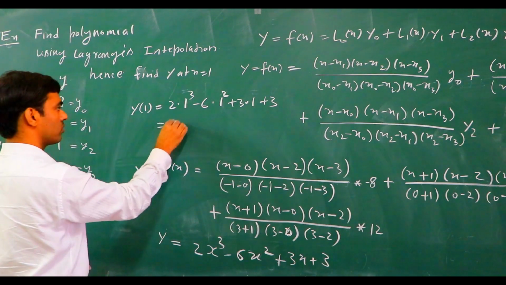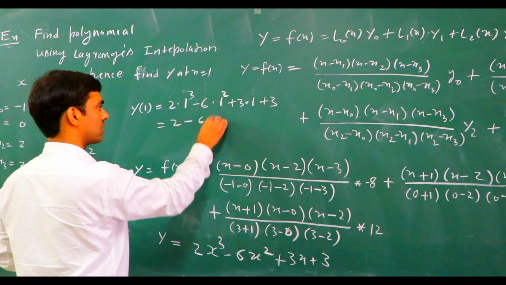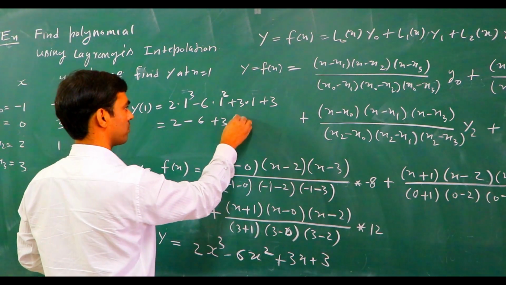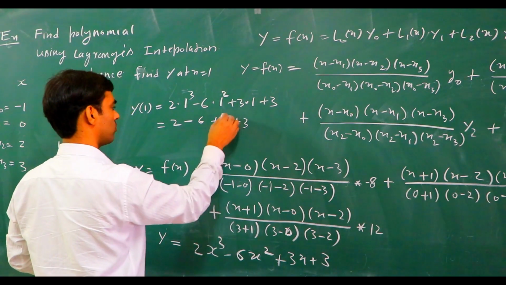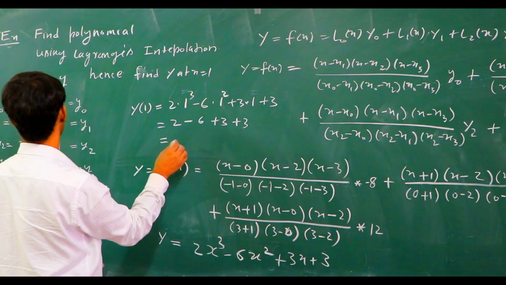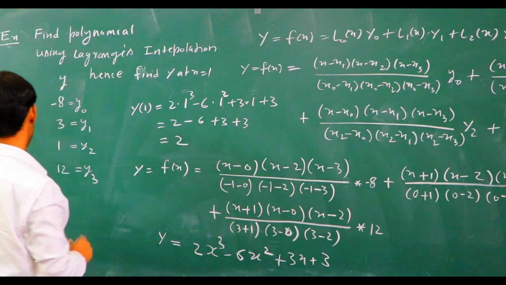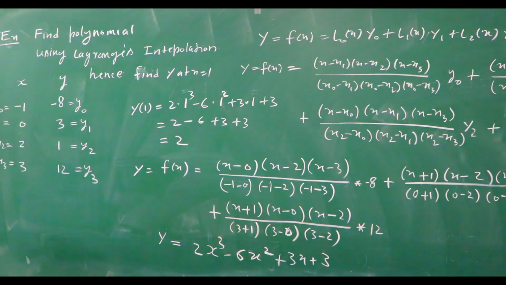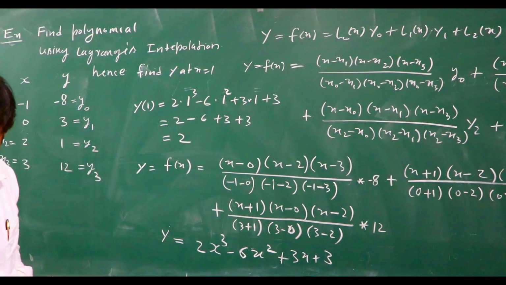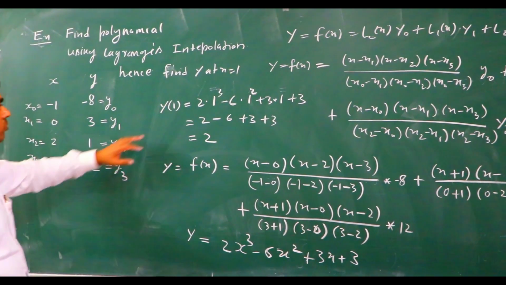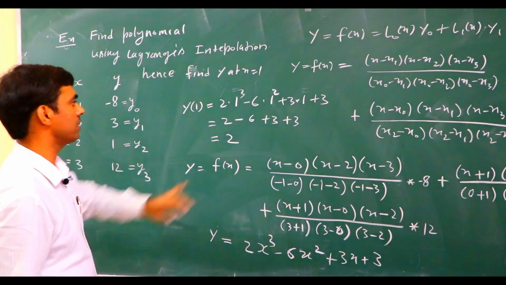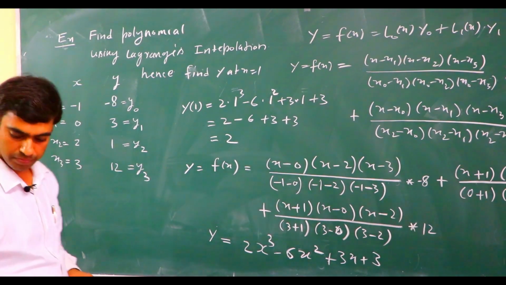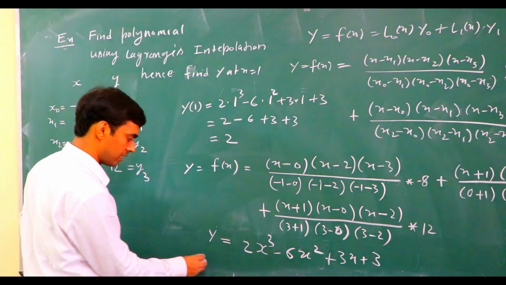If we simplify, this is 2, this is minus 6, this is plus 3, this is plus 3. So 6 minus 6, and the value becomes 2. So at x equal to 1, y becomes 2.